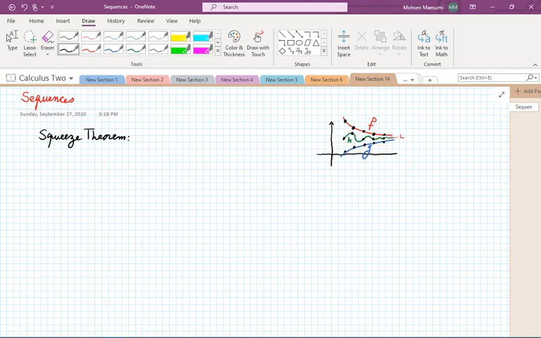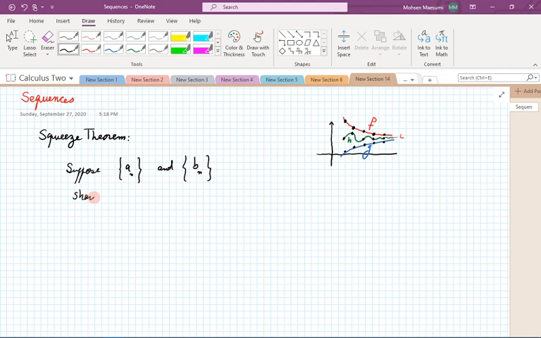The way this is indicated is the following. It says, suppose we have two sequences. So we have a sequence, let's call it a_n, which takes the place of g, and another sequence b_n, which takes the place of the red one.